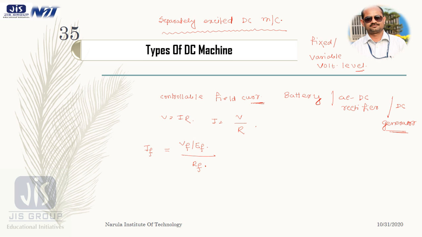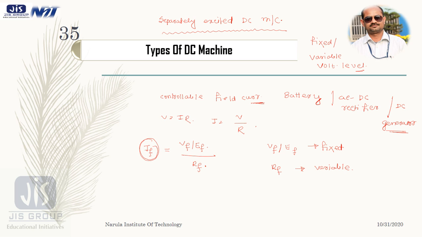Therefore, a variable field current IF for a separately excited DC machine can be obtained by different methods. So we can obtain this current in different methods. What is the first one? VF or EF is fixed, RF is variable.